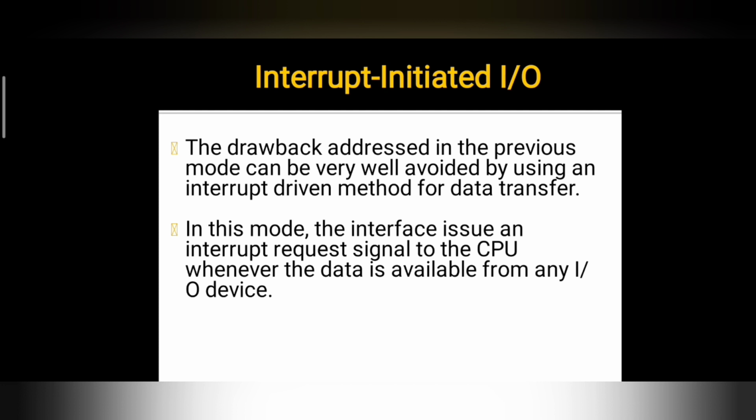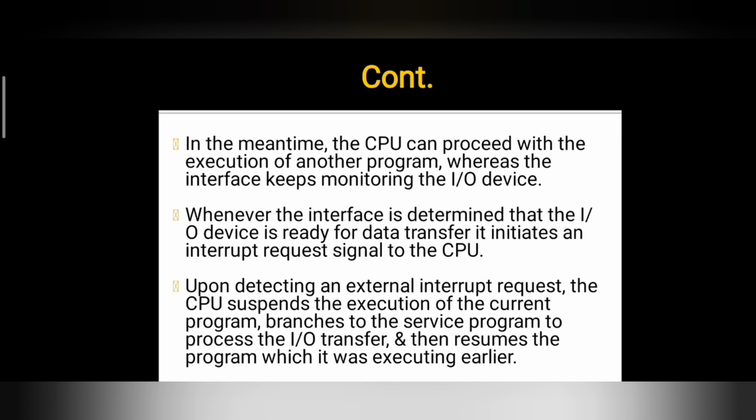So the CPU need not continuously or periodically monitor the status register in the interface unit. Rather, the interface unit is responsible for issuing an interrupt request signal to the CPU the moment the data is available from an IO device. In the meantime, the CPU can proceed with the execution of some other program, whereas the interface keeps monitoring the IO device.